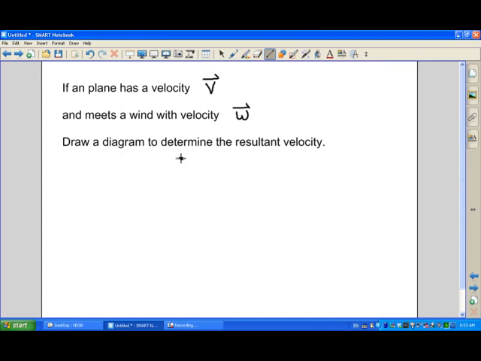Physically, if I have my plane traveling in some direction with some velocity, label it like that, and as this plane is traveling, it meets a wind, velocity w. This wind is acting on the plane, and logically we can guess that this wind is going to push the plane over to the right a little bit.